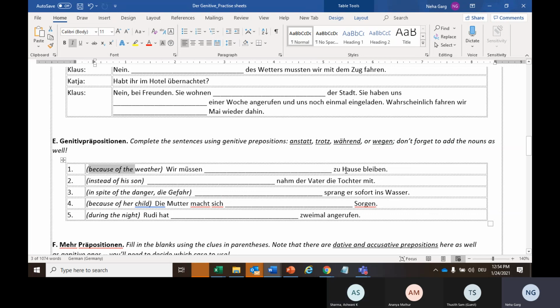Wir müssen wegen, not wagen. Because of the weather. So weather, das Wetter.